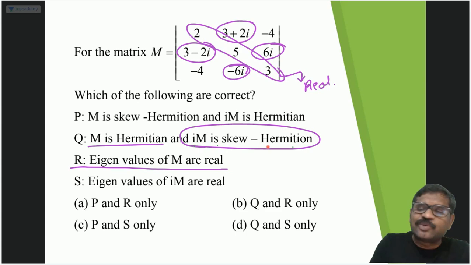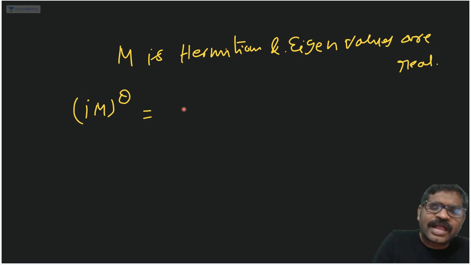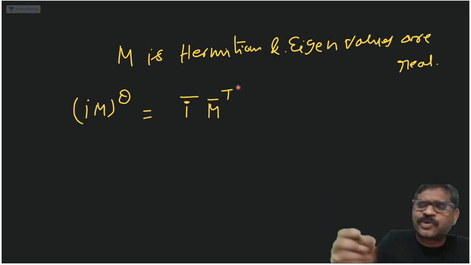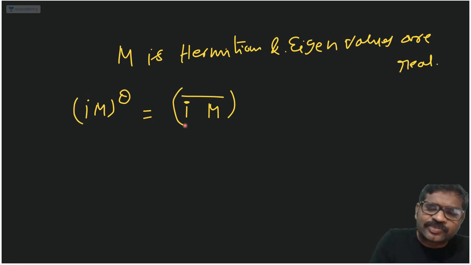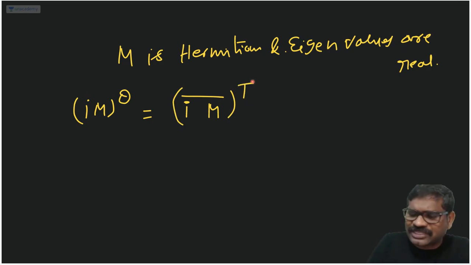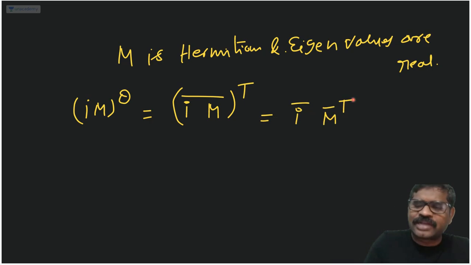Is iM skew-Hermitian? iM whole power theta equals i bar M bar transpose, because (iM) power theta is nothing but (iM) bar transpose. i is a complex number, not a matrix, that's why i bar. M is a matrix, that's why M bar transpose. M bar transpose is nothing but M power theta.